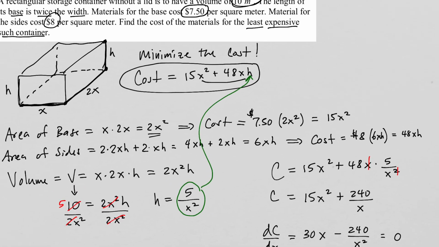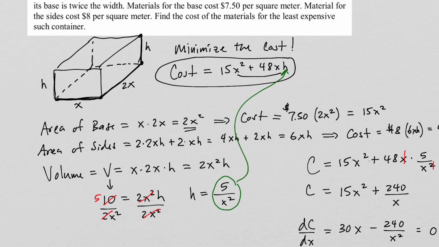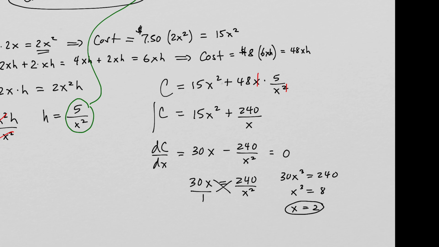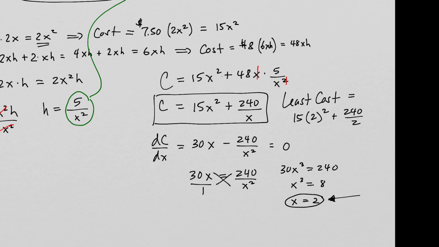So let's go back to what the question was. It says you want to find the cost for the least expensive container. So we know our cost function is right here. And now we know x equals 2 gives us our least cost. So the least actual cost to make this box is going to be 15 times 2 squared plus 240 divided by 2.